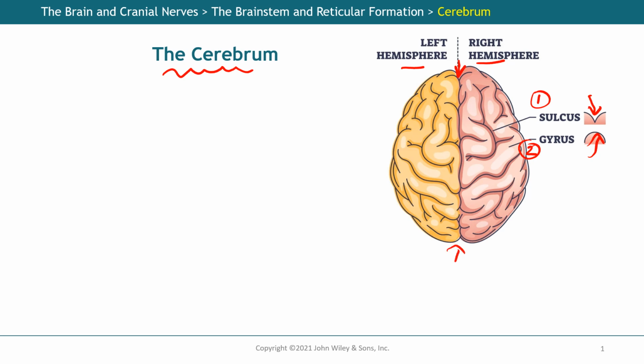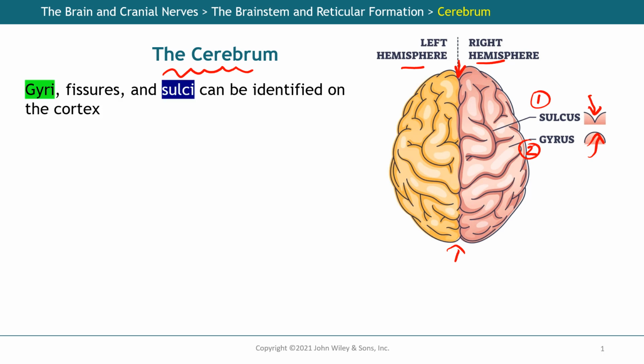separating these two structures. So I told you there were three key terms that you need to remember, that we will be using to describe the brain: gyri, fissures, and sulci. They are located in the cortex of the brain.